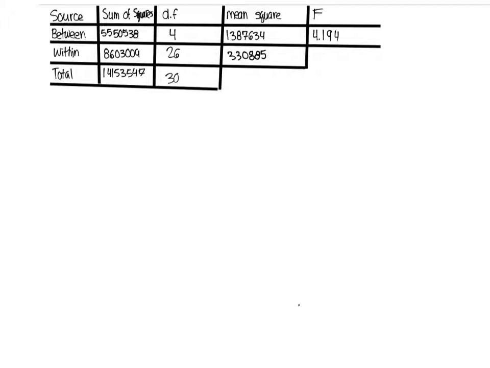The next is degrees of freedom, which on our calculator is demonstrated as lowercase d and f. And for the between or factor, I got 4.